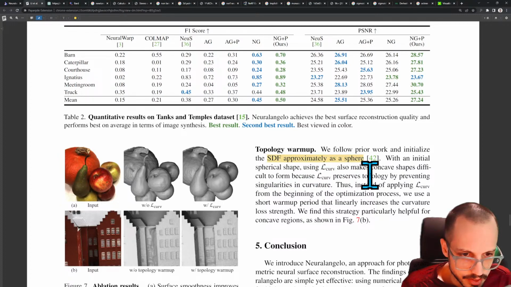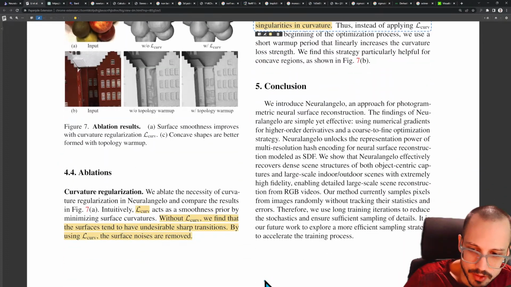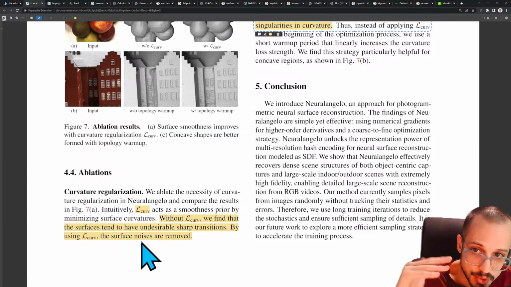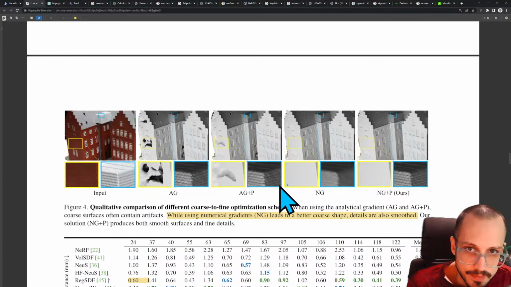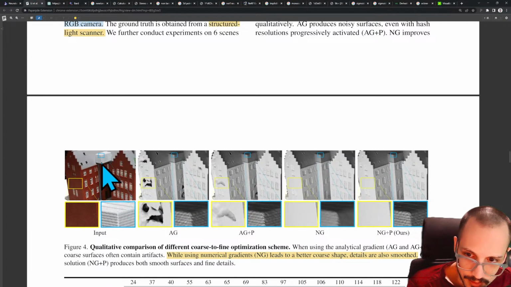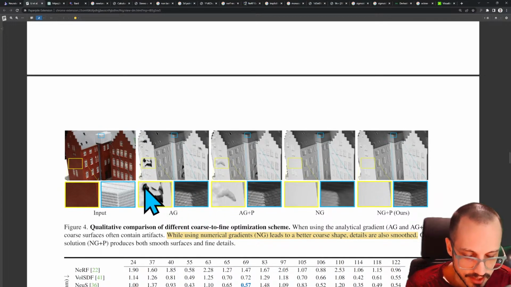Using L curve also makes concave shapes difficult to form because L curve preserves topology by preventing singularities in curvature. Yeah, so this is a trade-off. Sometimes when you have these regularizations that add smoothness, you lose detail, and that's what they were showing you here, right? Technically this little area of the building here is made of bricks, so the bricks are inherently discontinuous, right?